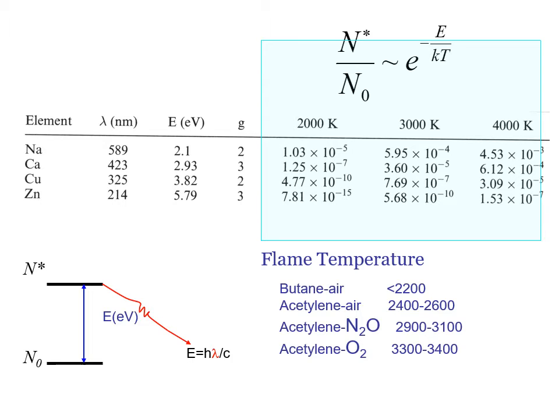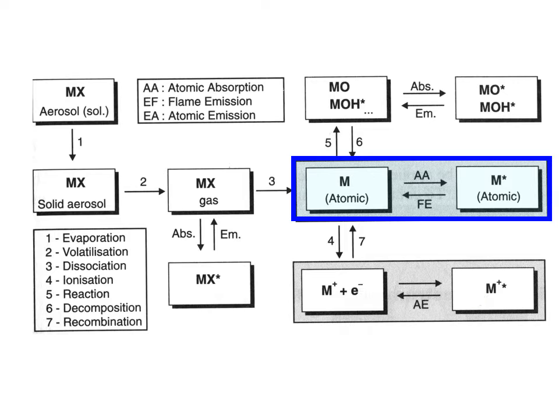Let's look at what happens in this flame. So first, we have our MX from the sample coming in as an aerosol. In our case the metal was sodium, so let's say it was sodium chloride. Sodium chloride dissolves in water and makes small droplets of aerosol.